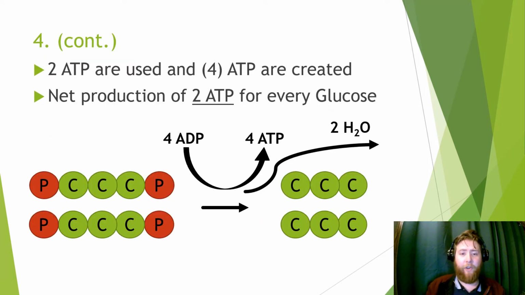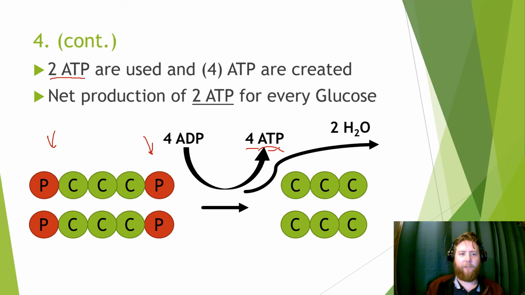Now, it's important to note that in this process, here's the diagram for this, 4 ADP turning into 4 ATP and releasing some water. But it's important to note that we had to put in 2 ATP at the beginning to put phosphates on that glucose. So we had to use 2 ATP and we created 4 ATP.